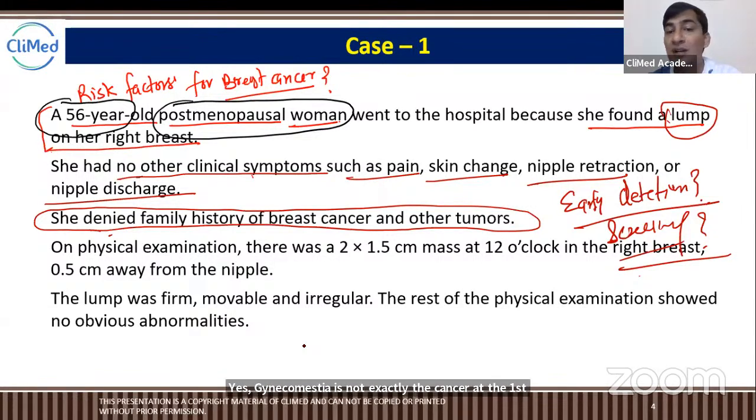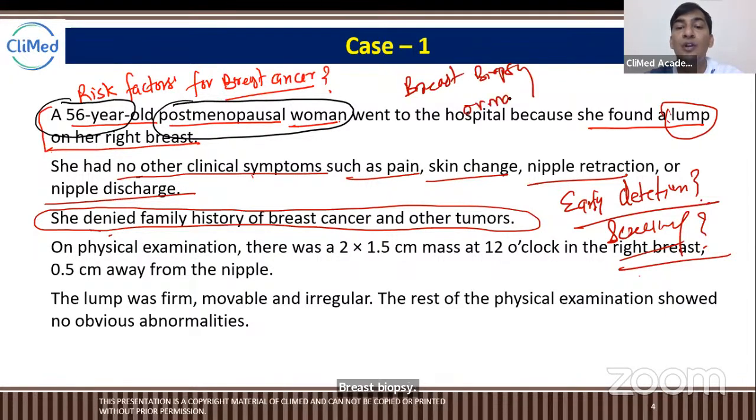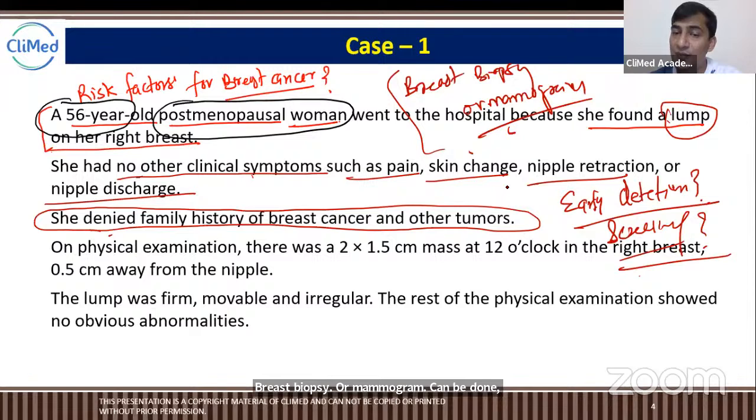Mammogram, yes, mammogram or breast biopsy. Breast biopsy or mammogram can be done, right?